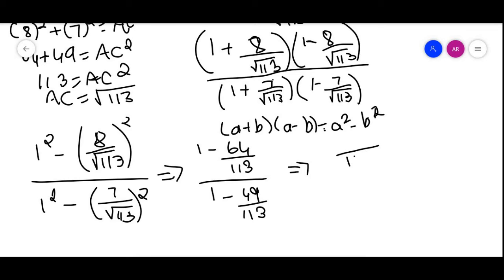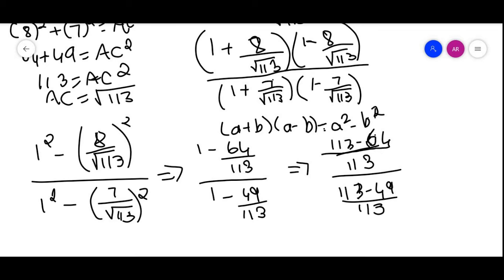So it's going to become 113 as the LCM we took, and on the top it's going to become 113 because 113 into 1 is just going to be 1. So 113 minus 64. Alright, and then in the denominator too it's going to be 113 as LCM. So 113 minus 49. That's it.